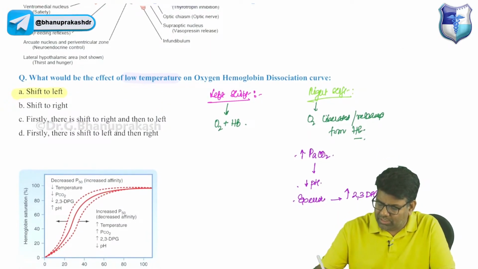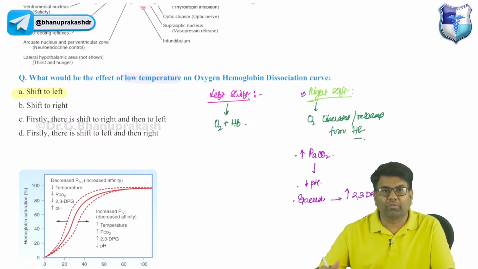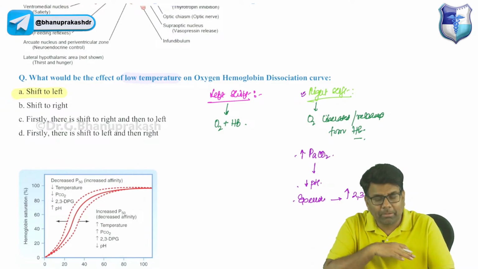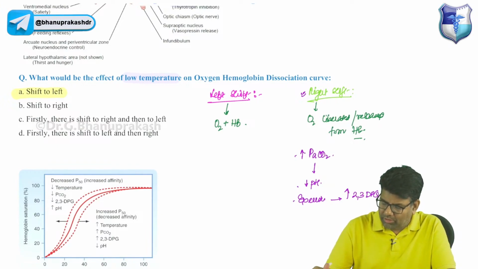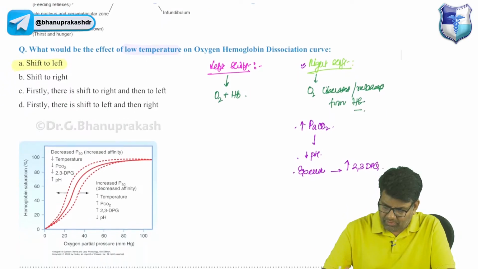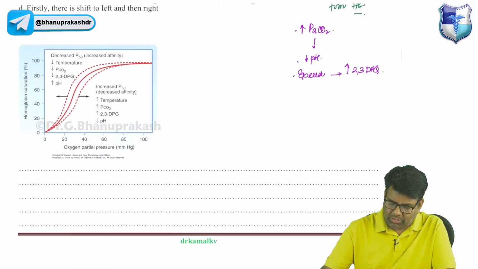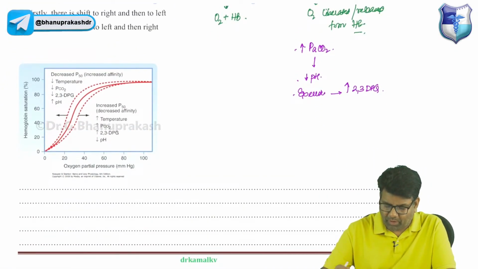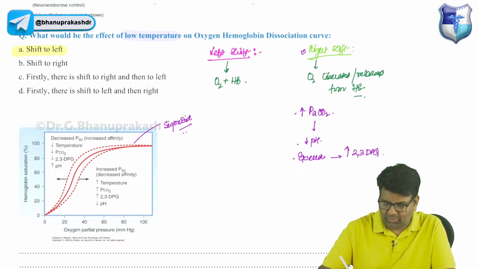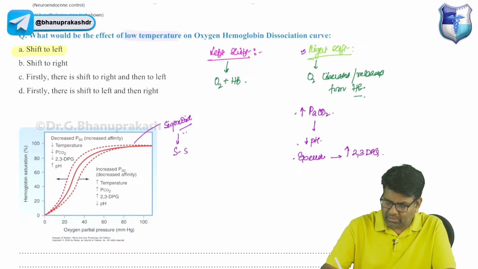All those conditions will favor release of oxygen from the hemoglobin, or we will say that the curve has shifted to right, and all the opposite conditions will shift the curve to left. So this is right shift or left shift of the oxygen hemoglobin dissociation curve, and the shape of the curve is sigmoid. You can say S shaped curve.